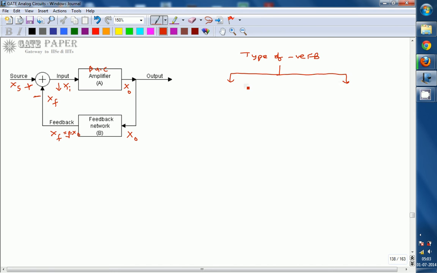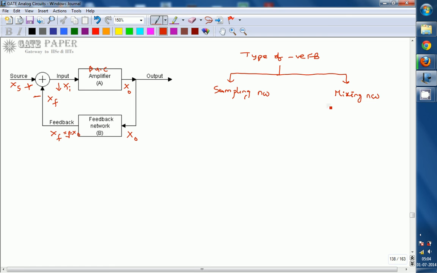At the output side, you are taking a sample of the output, so that is related to the sampling network. Whereas at the input side the feedback signal is mixed with the source signal to increase or decrease the effective input signal Xi, so that is called the mixing network.